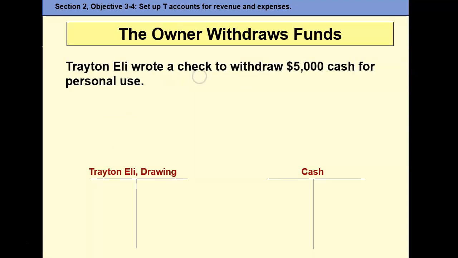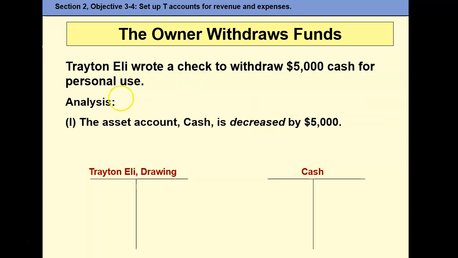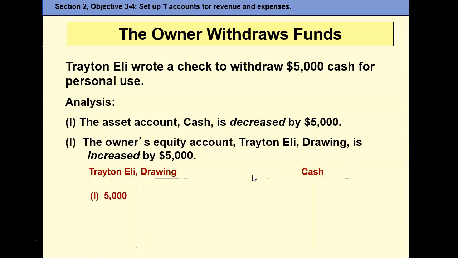For example, it said the owner wrote a check for $5,000 for personal use. So if the owner takes money out of the company to use for personal use, that is known as a withdrawal. So the accounts involved will be the owner's drawing account and the cash account.